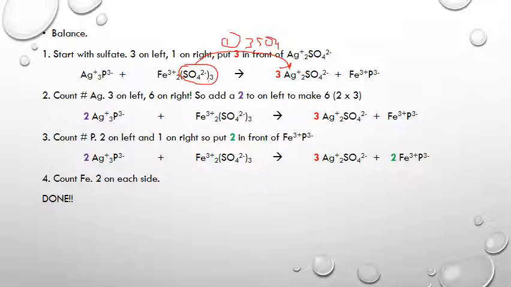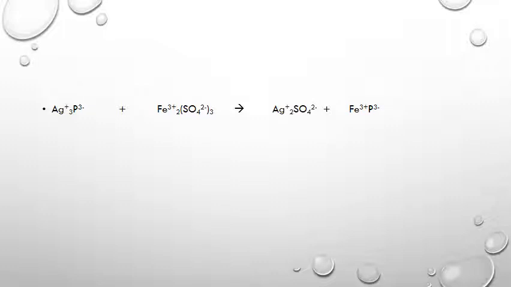All right, now I need 6 silvers. So I'm going to come over here and put 2 times 3 for 6. And then I'm going to count my irons. I have 2, and then I need to put a 2 over here.